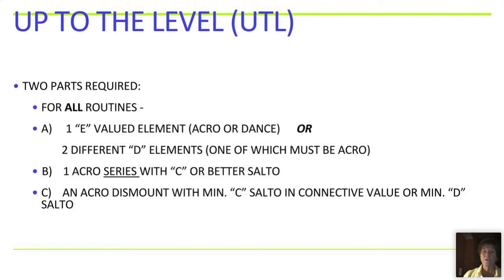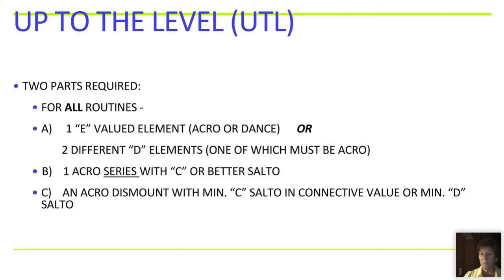An acro series with a C or better salto, and I underlined series because that means that they have to have 3 flight skills connected. That's what a series is defined as, and one of them has to be a C. And then they also have to have an acro dismount with a minimum C salto in connective value or a D. So they have to have a bonus in their last pass.